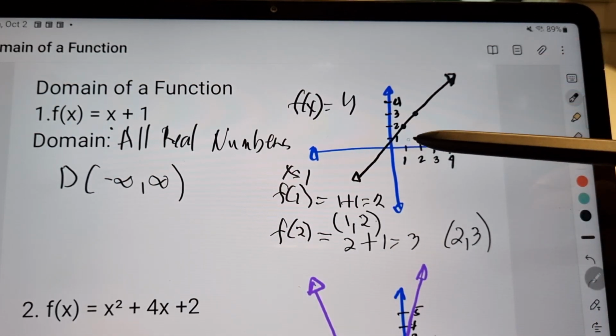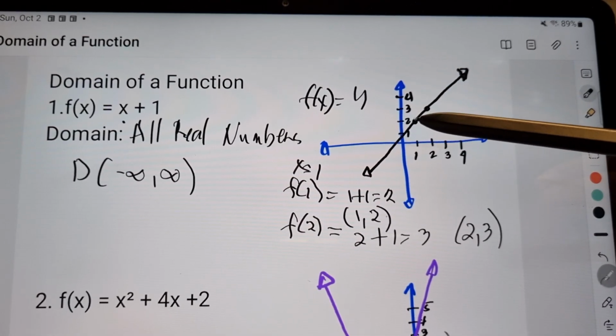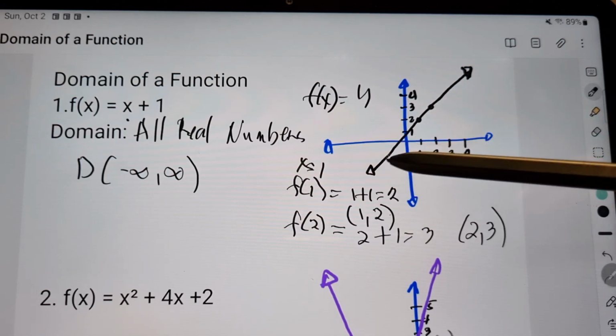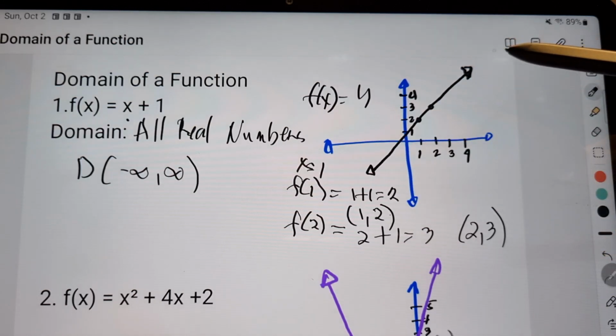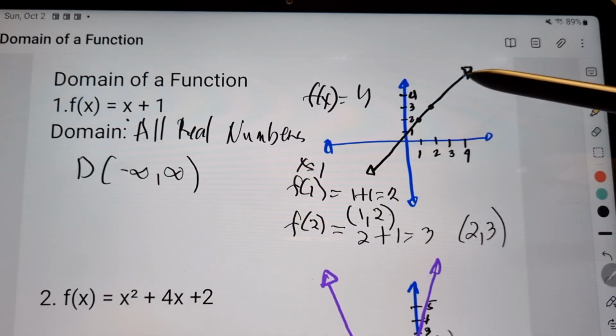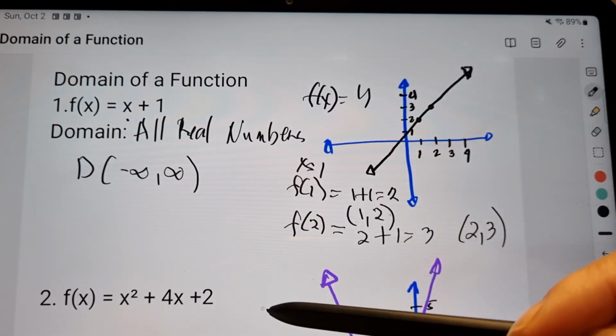Now, sa graph ko dito, ito yung 1, ito yung 2. That's the first point. Ito naman yung 2 and 3. And then I just simply connect the 2 points. Now, look at this one. This is extended going there, and this is extended going there.